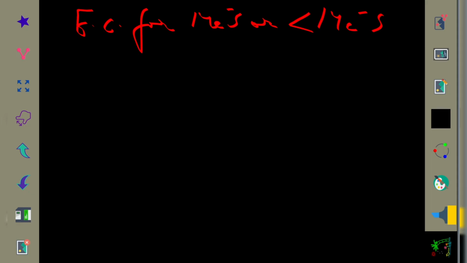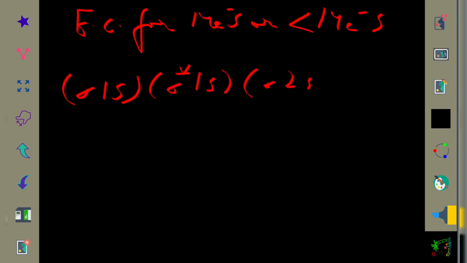Now the next important thing is how to write down the electronic configuration for the given molecule. For a given molecule having a total of 14 electrons or less, we write the electronic configuration in this manner. We first write sigma 1s, then its antibonding sigma star 1s, then sigma 2s, then sigma star 2s.